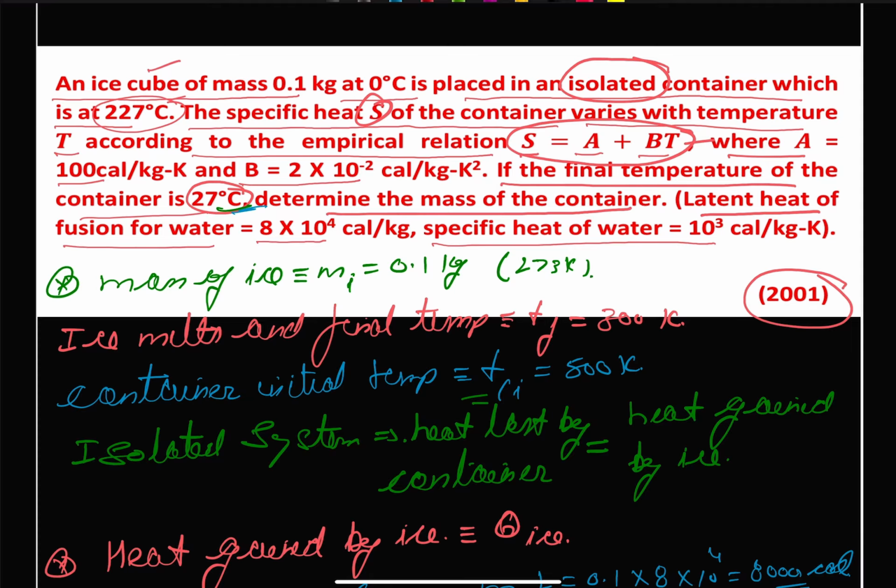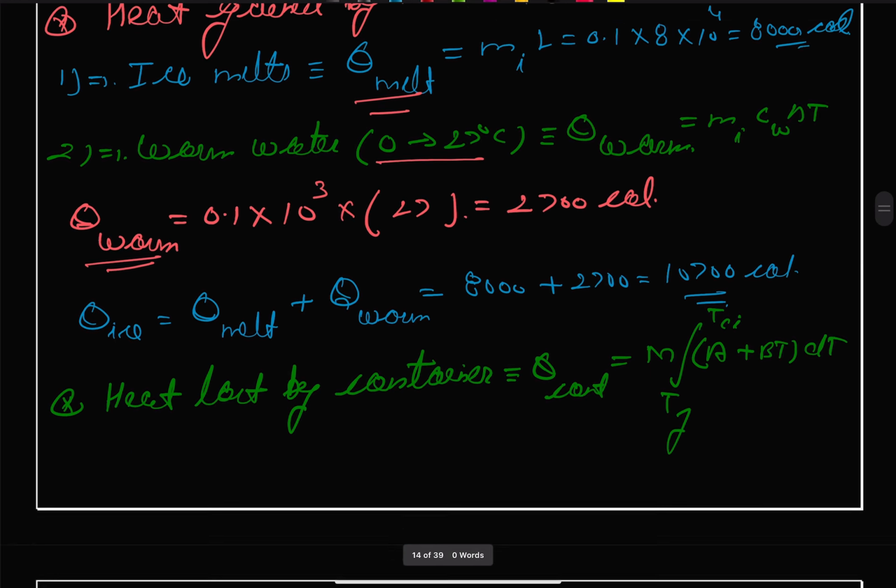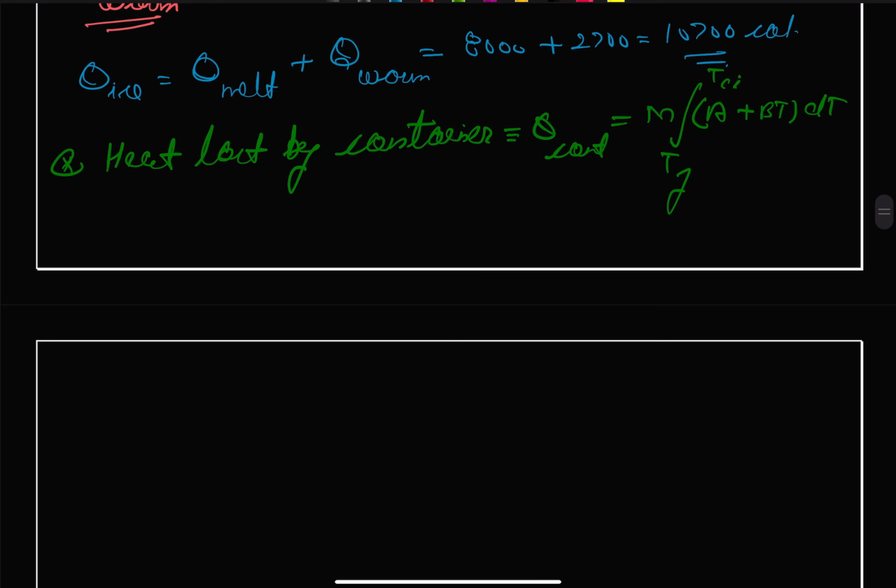Okay, and this we can just solve. We get mass m, and we get A of T plus Bt square divided by 2, and the integration will be from 300 to 500.